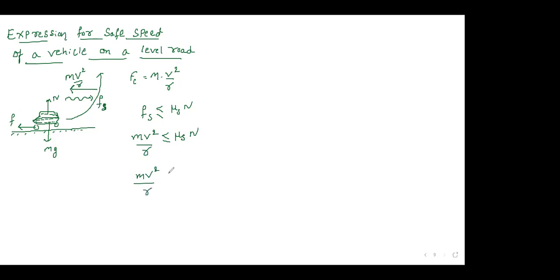M into G. So M will get cancelled out. V squared is less than or equal to mu s R into G. Do the cross multiplication. So what is V from this equation?